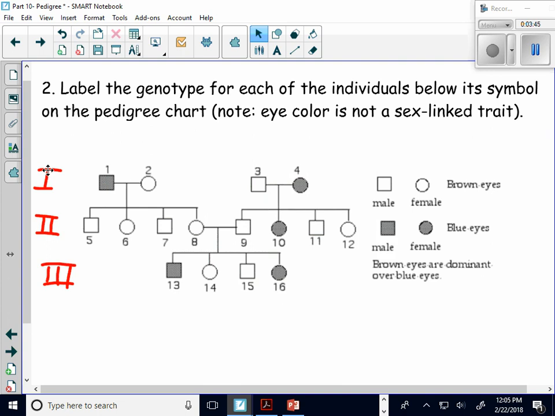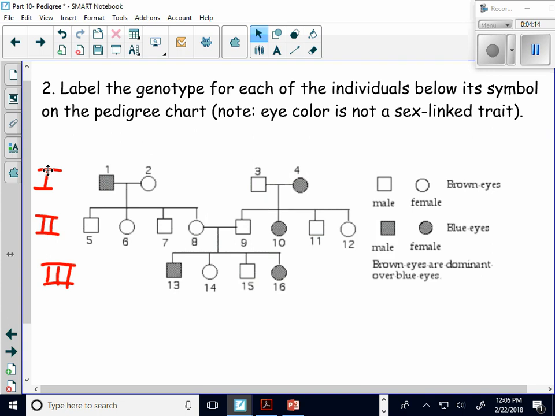Okay. How is 15 related to 3? Maddie? 3 is 15's grandpa. Let me ask you this. Is it a maternal grandpa or a paternal grandpa? You know what that means? Maternal or paternal? Maternal would be mother.